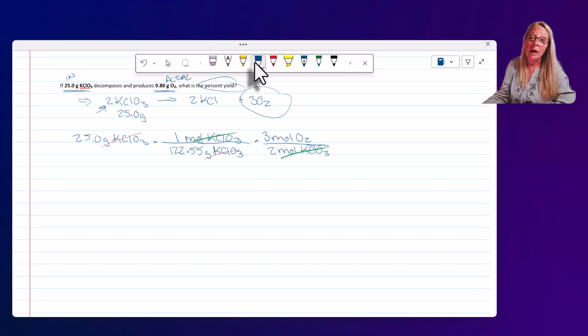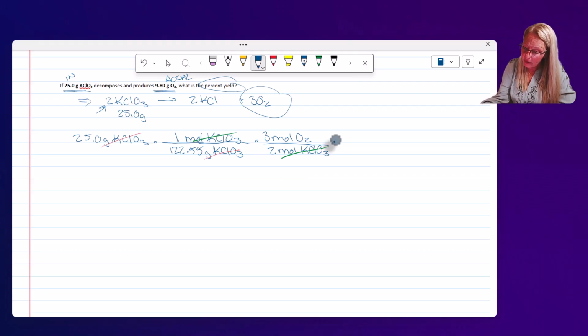And just a harsh reminder, they only cancel with the unit of themselves. A mole of O2 does not cancel with a mole of hydrogen. So it's got to be a mole of something over a mole of something. That's why you keep hearing from me, your units are grams of what, moles of what. You've got to have those pieces together.